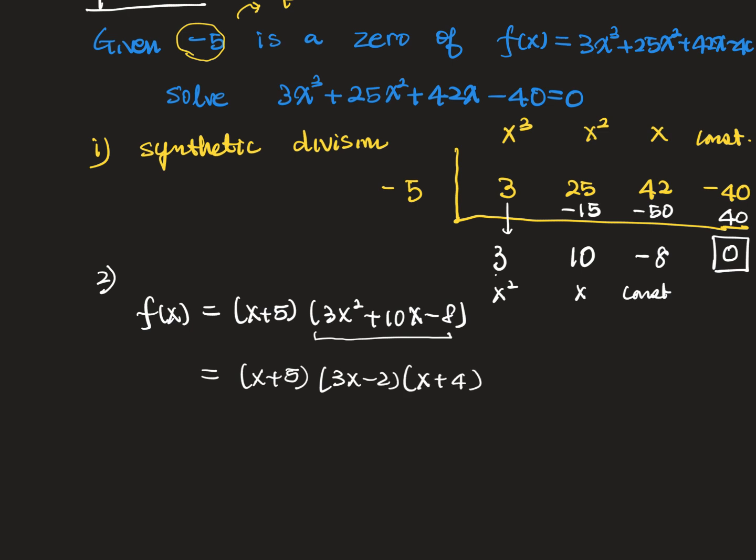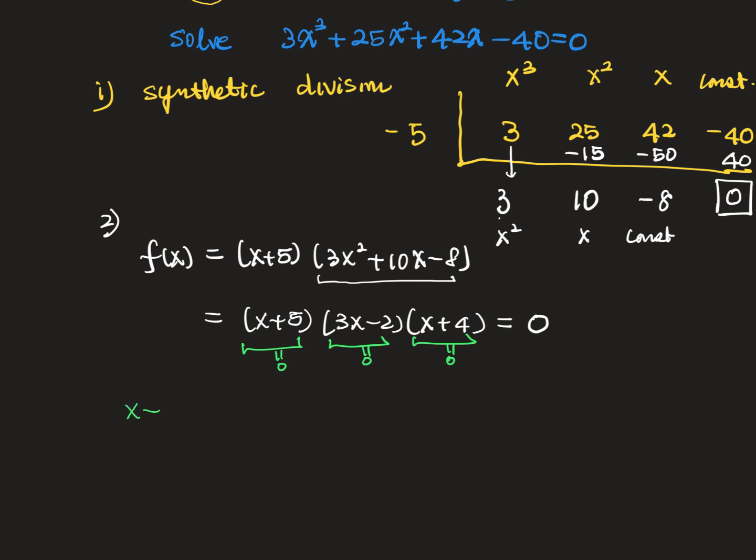So you factor it, then to find the solution of the equation, you put this equal to 0, which means this should be 0, this should be 0, this should be 0. So what I have here: x plus 5 equals 0, 3x minus 2 equals 0, x plus 4 equals 0. This is x equals negative 5, x equals 2 over 3, x equals negative 4. That's the solution set.